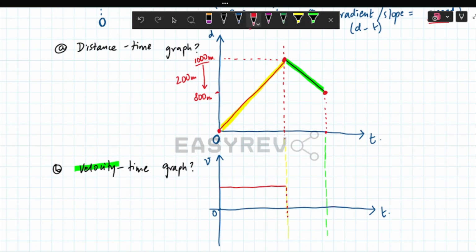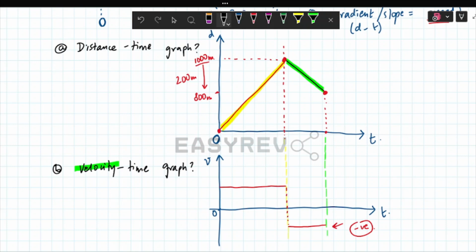So instead of placing this horizontal line above the x-axis, I'll actually place it below the x-axis, somewhere like this. And this denotes the fact that not only is the observer, in this case Tufi, moving with a new value of velocity, but moreover Tufi is moving in the opposite direction, denoted by the fact that whatever this value of velocity is, it's now negative.